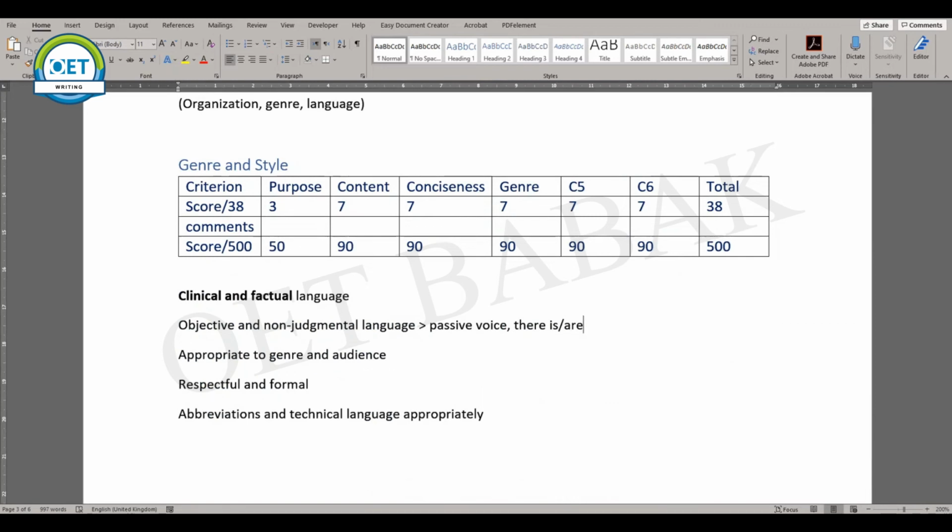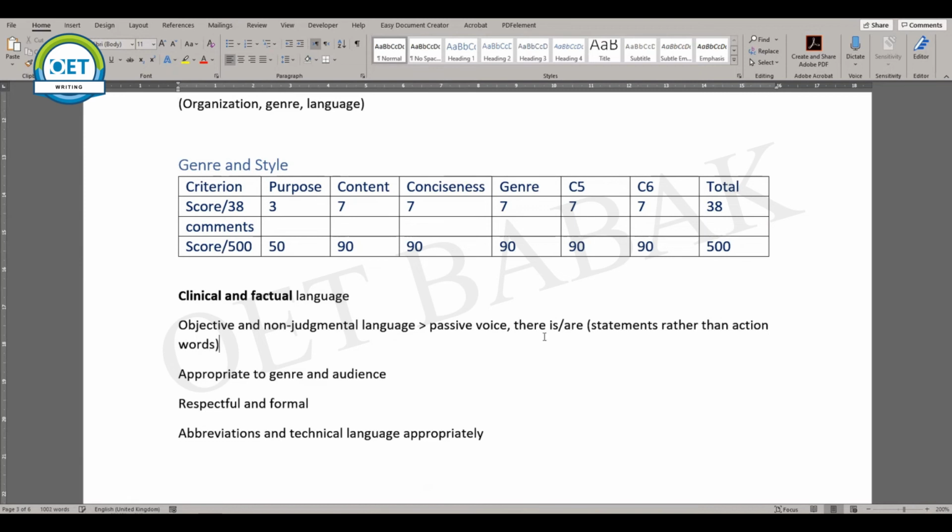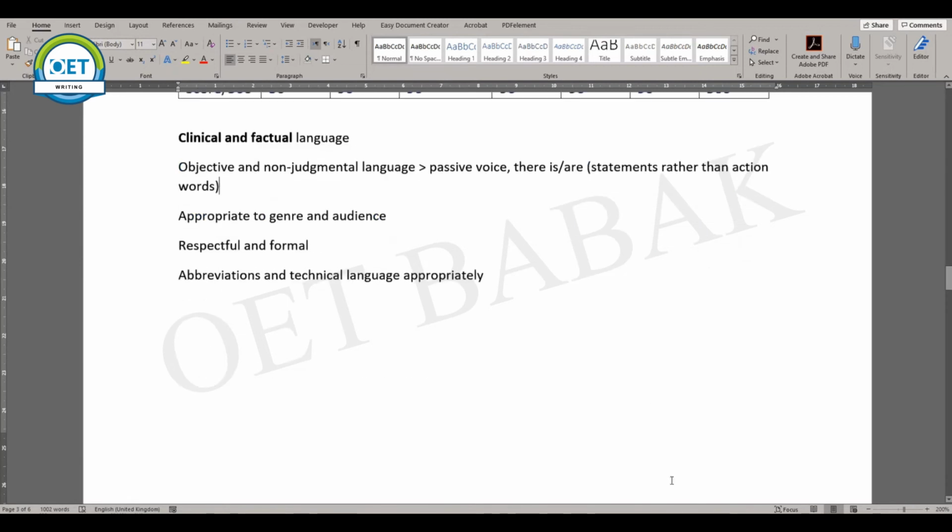Basically, we tend to use statements rather than action words. So what is the difference between action words and statements?